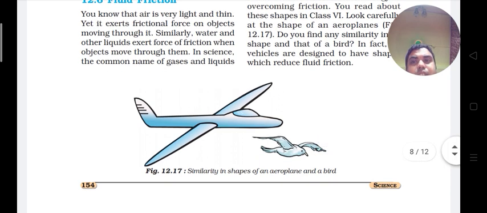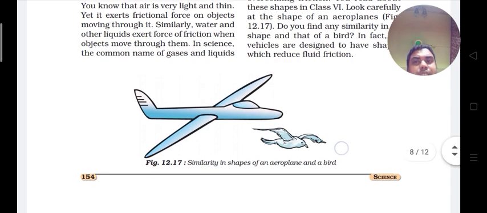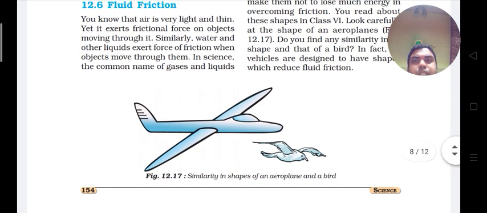Air exerts frictional force on cars, buses, aeroplanes, rockets, and birds moving through it.